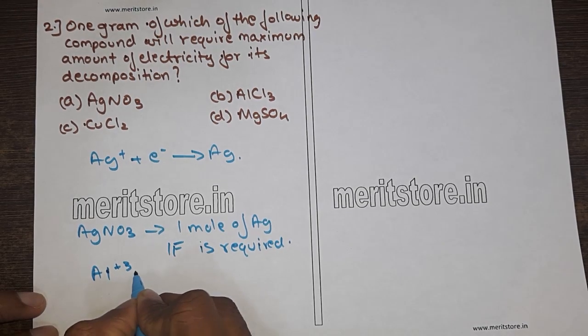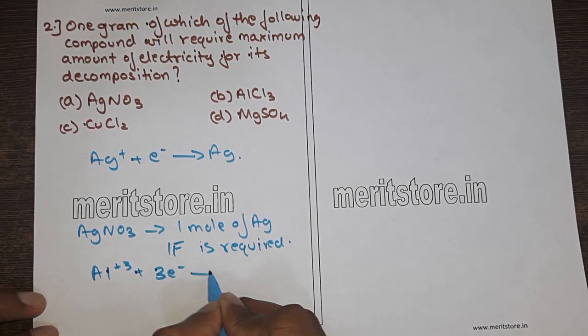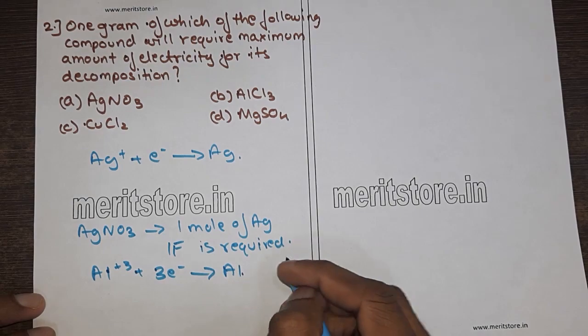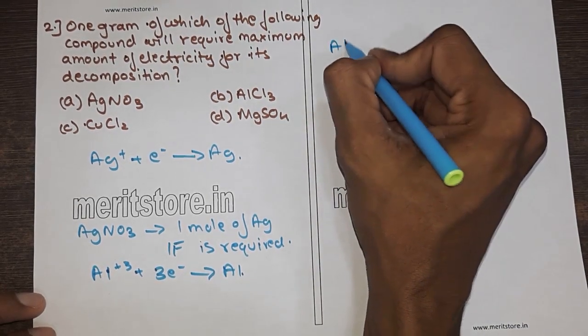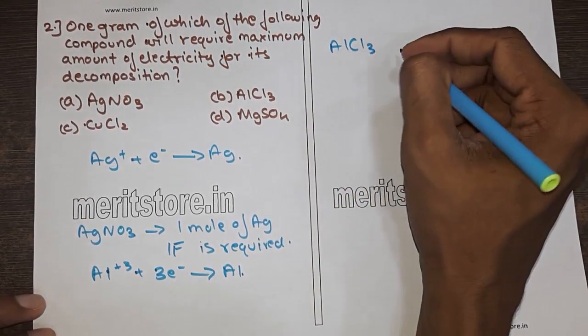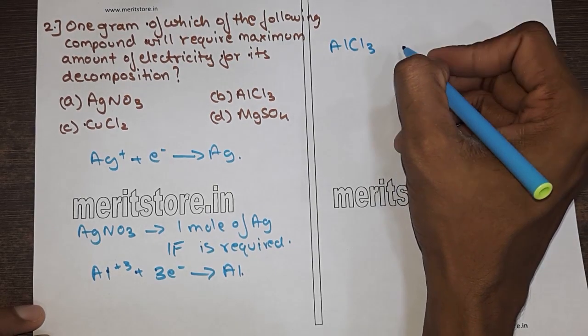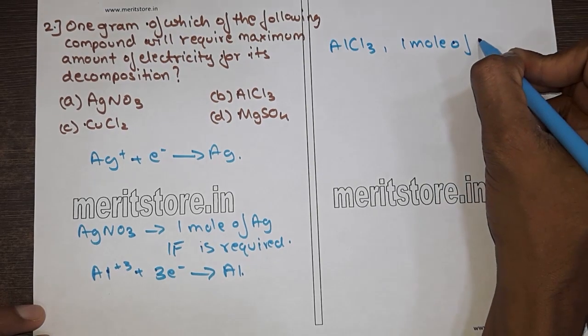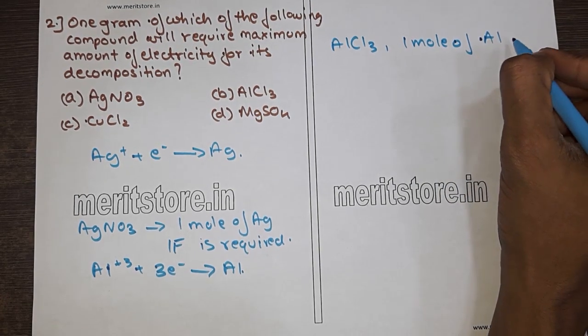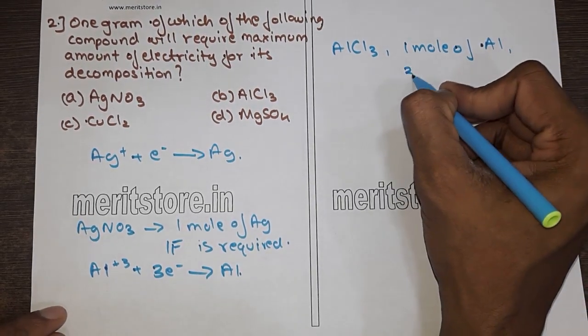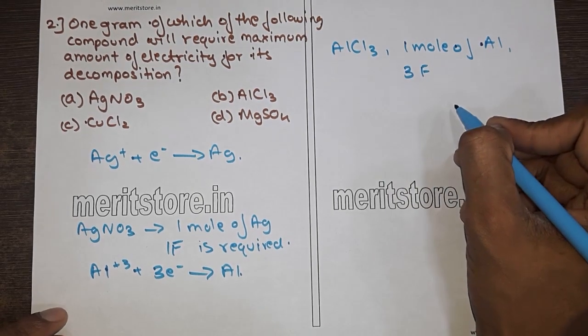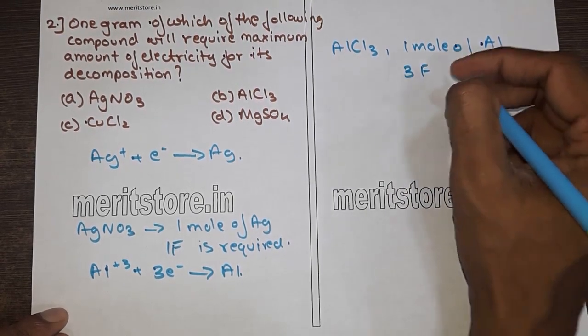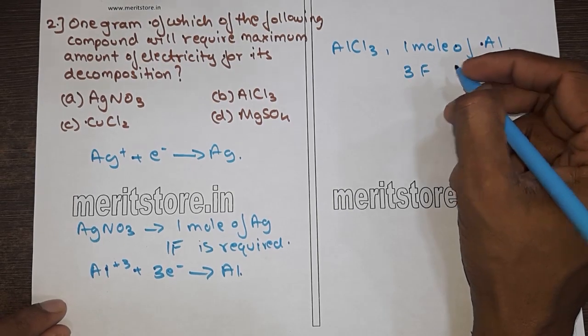Al3+ plus 3e- gives us Al. In AlCl3, to deposit 1 mole of Al, that is aluminium, 3 Faraday of electricity is required.